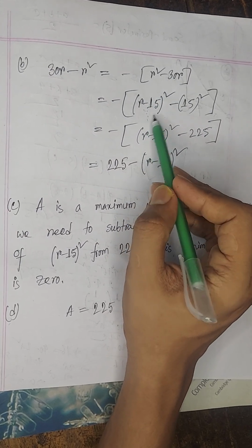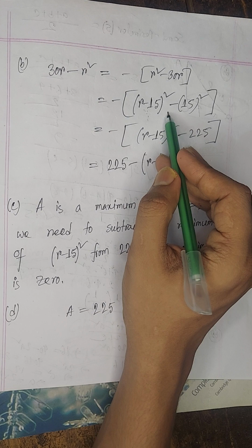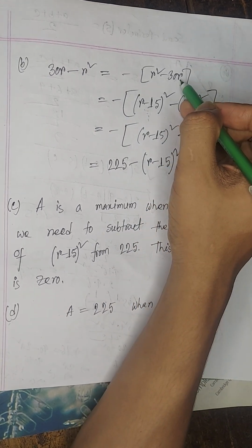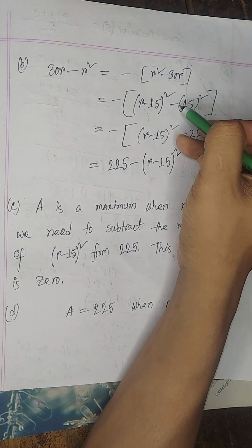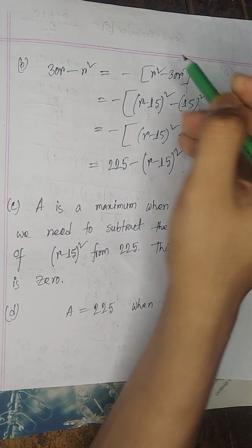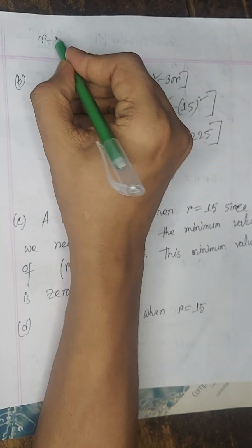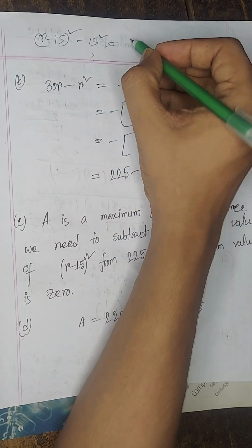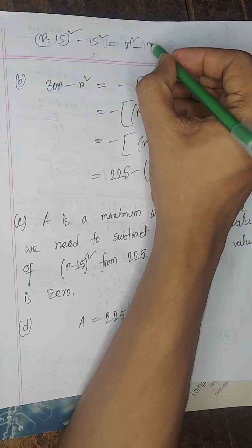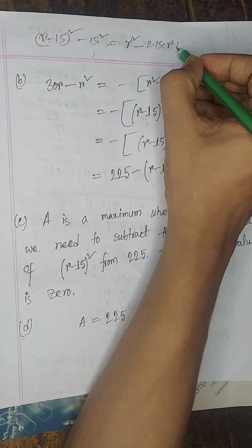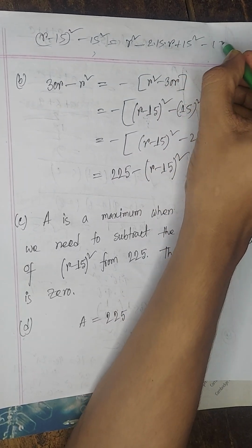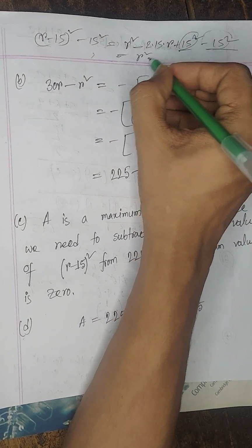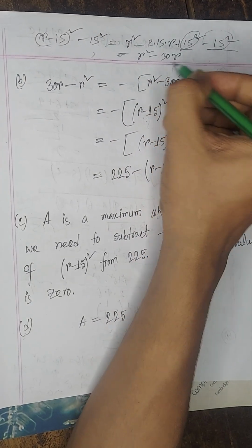Basically, we can convert this r² minus 30r into this. If we expand (r minus 15) whole squared minus 15², that means r² minus 2·15r plus 15² minus 15². We can cancel these, and again we get r² minus 30r.